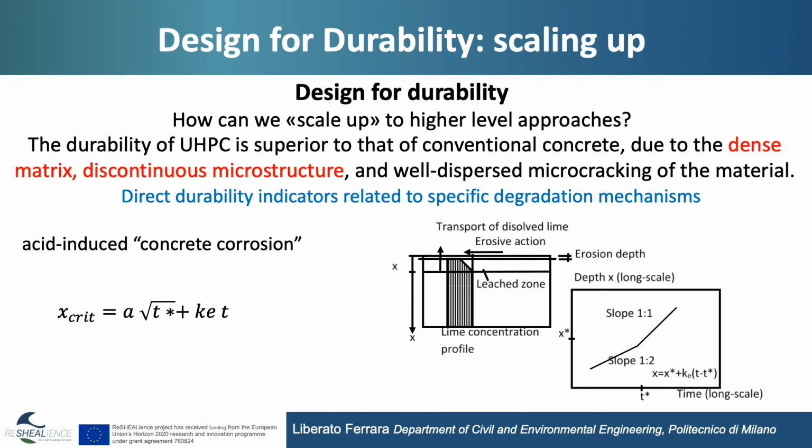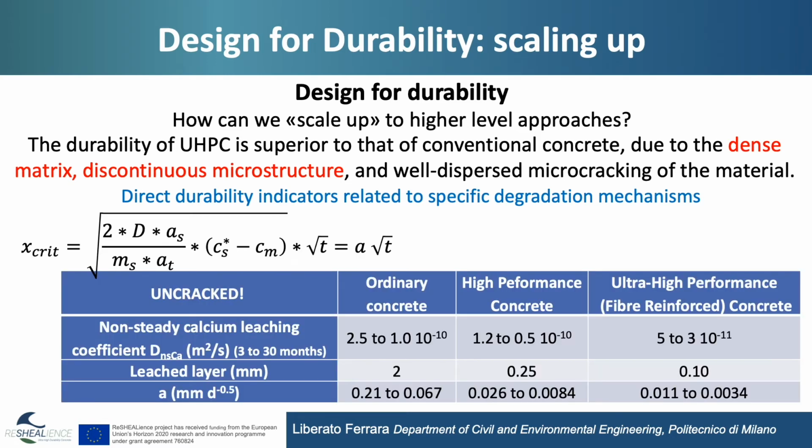We have, for example, equivalent calcium leaching coefficients calculated in a study by Alonso, where you can see how they go from values in the 10 to the minus 10 range to lower and lower values in the 10 to the minus 11 range.